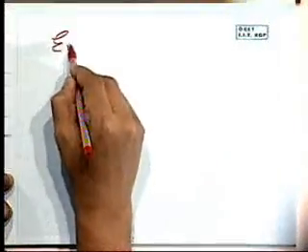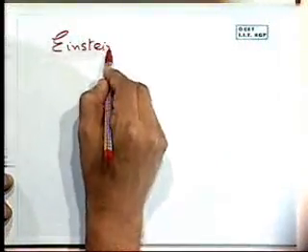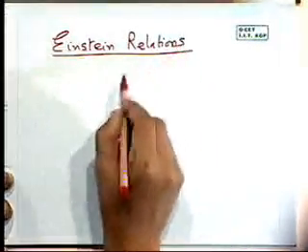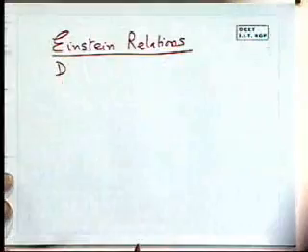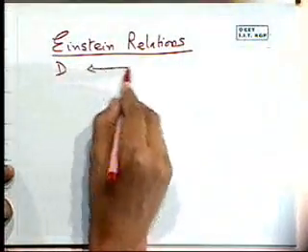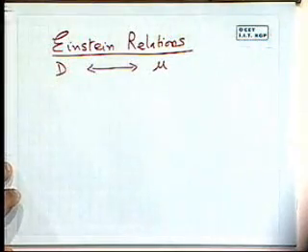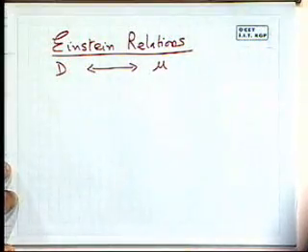We have a relationship that I'll give, which are known as the Einstein relations, that relate the diffusion coefficient to mobility for both the electrons and the holes. You may wonder why they are related.